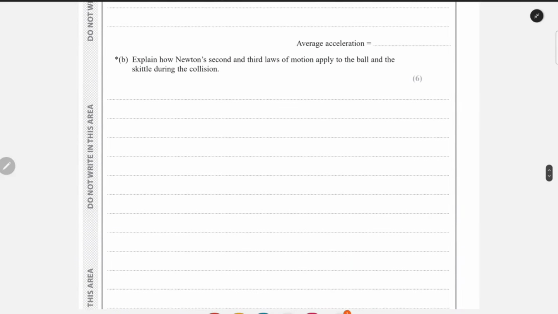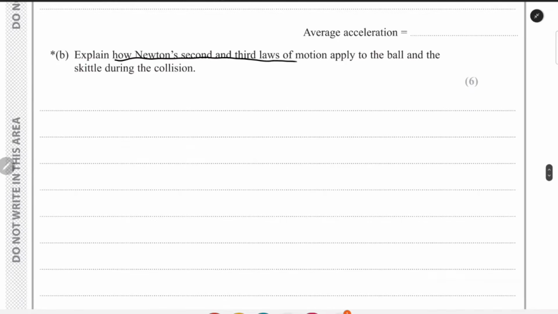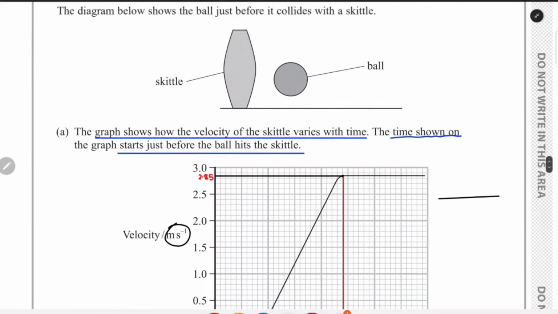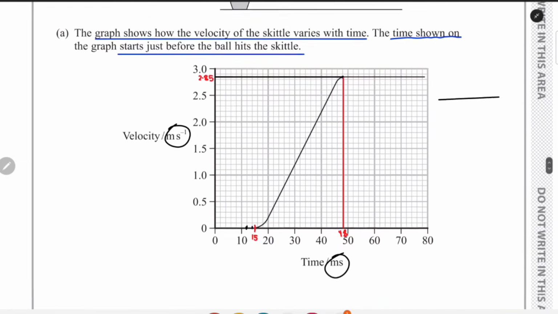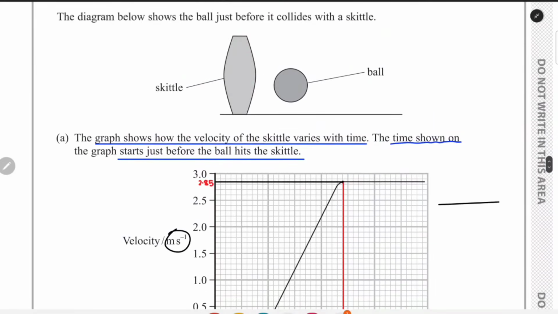Now we have the 6 marker question here. We have to explain how Newton's second and third laws of motion apply to the ball and the skittle during the collision. Here, the ball is applying a force on the skittle. So the ball impacts the skittle and exerts a force on it, causing the skittle to accelerate. The skittle, according to Newton's third law, will apply an equal and opposite force on the ball, causing the ball to decelerate.